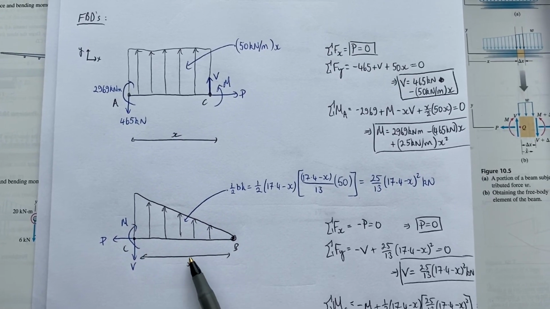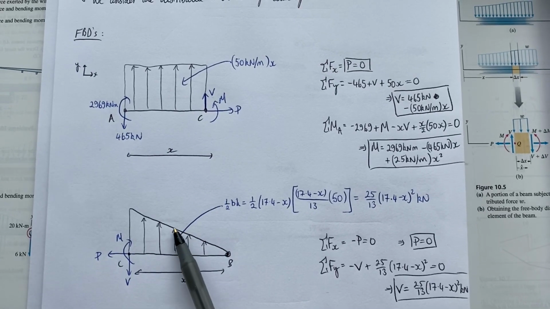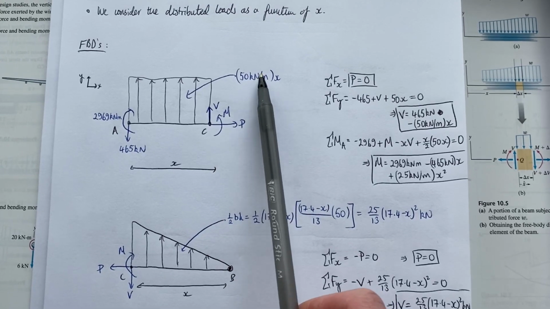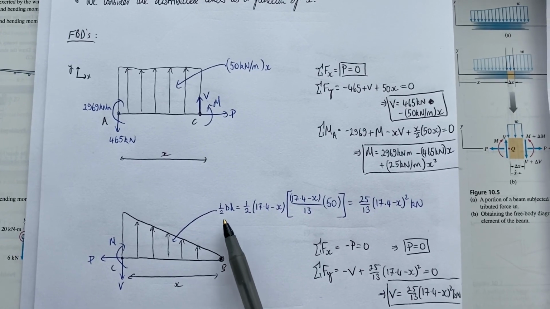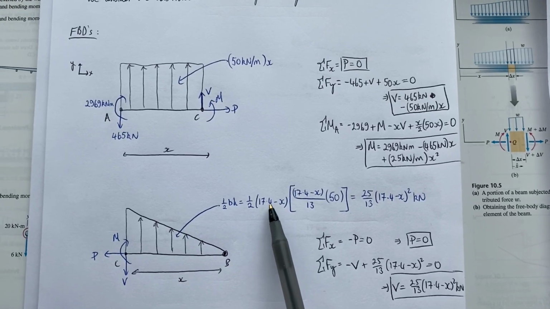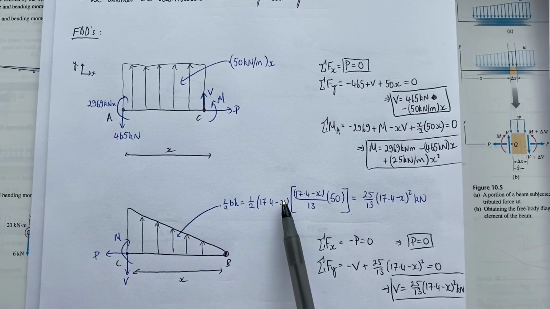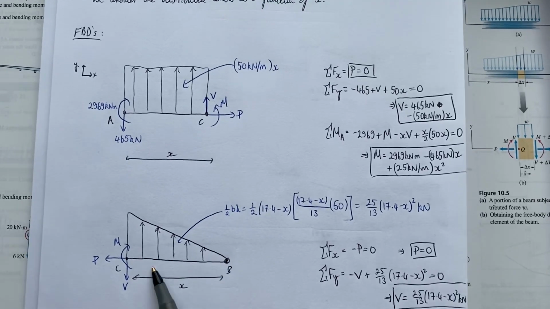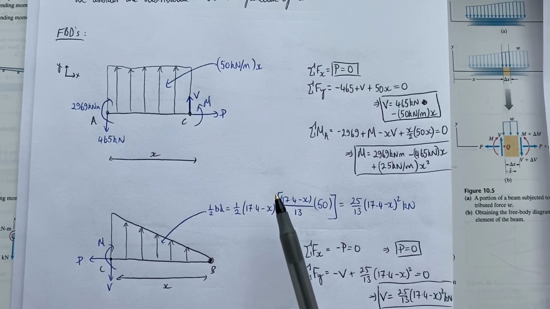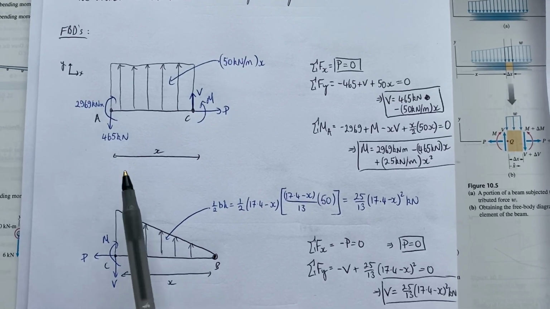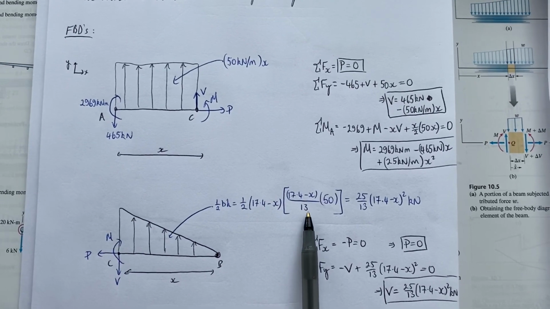And then to find the area of this and how that it depends on x, like we did up here, we have to do half times the base times the height. The base now is the total length of the wing, 17.4 meters minus x, and then the height here is also based on x depending on where we cut it, right?